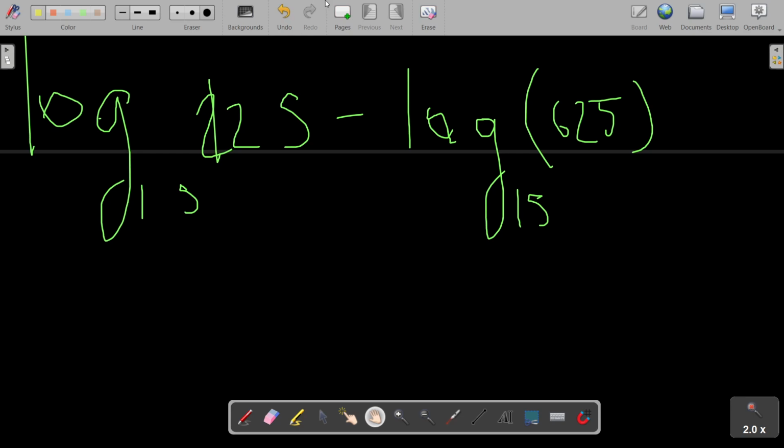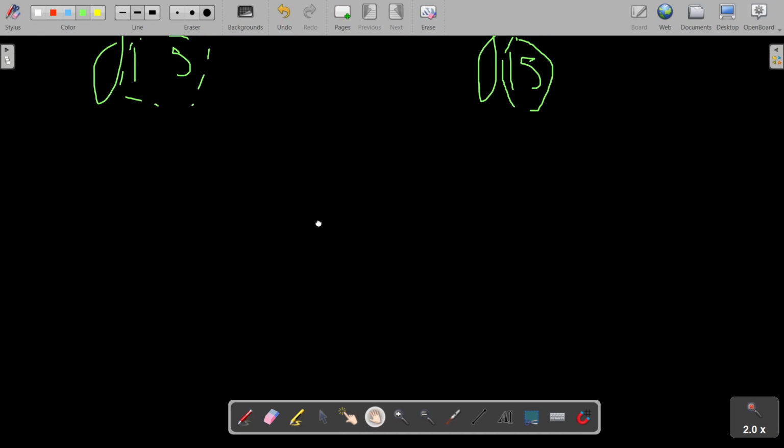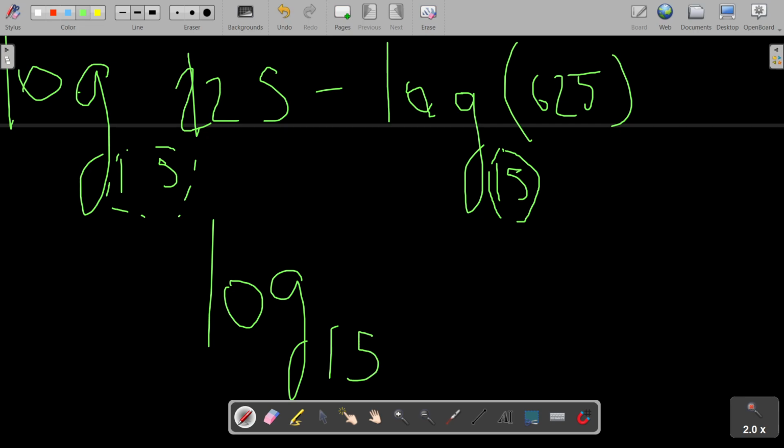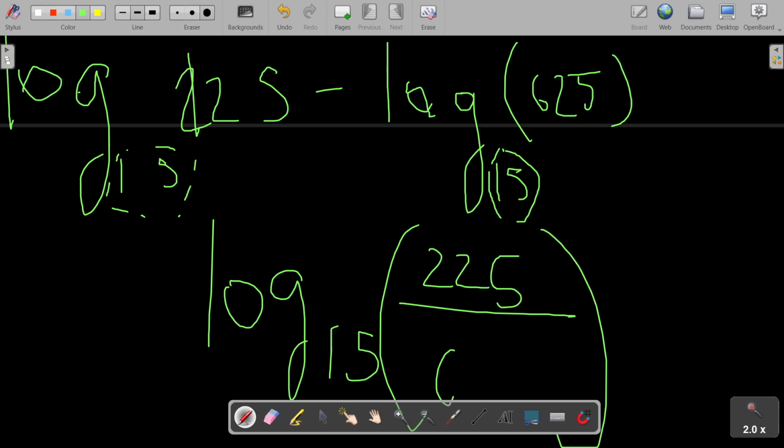So as we can see that it is like a difference property. The bases are same, no? When the bases are same, then this property becomes property number three. So it will be the ratio of this by this. So I'm going to write it. Base is as it is, same. Numerator comes 225, denominator comes 625.